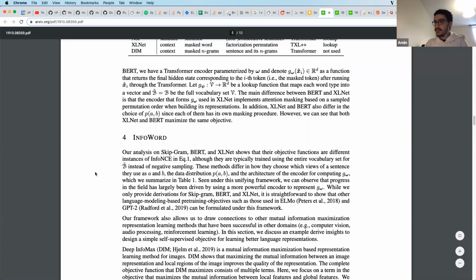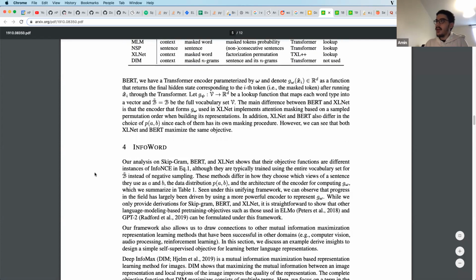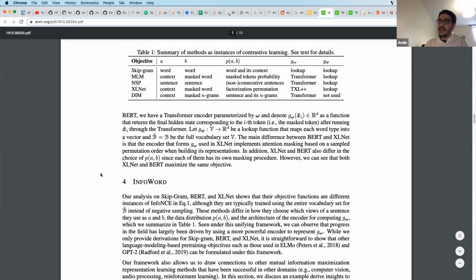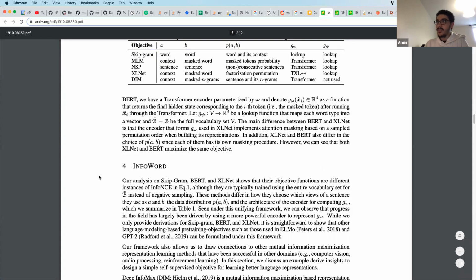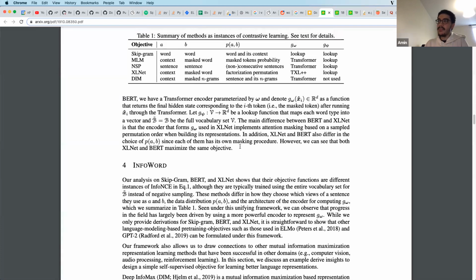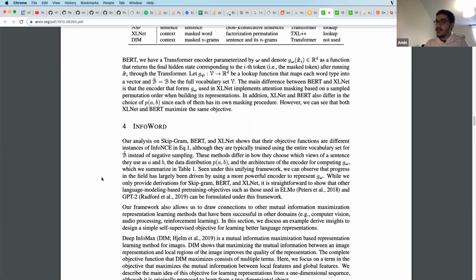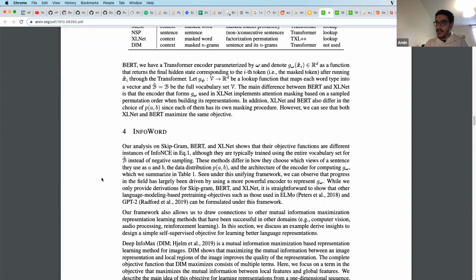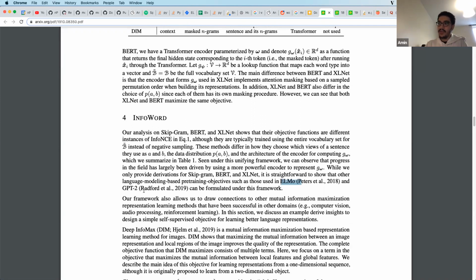You can see why that's the case from the table, but of course there are other reasons too. They also mention that there are many other pre-training objectives that are not mentioned in this paper, which also fit in the framework, like ELMo and GPT-2.